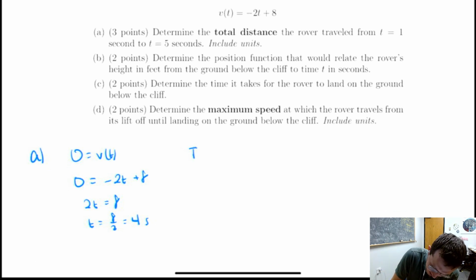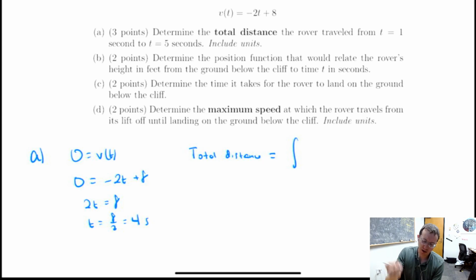So the total distance is, I'm going to use an integral to find how far it goes, if I know the velocity, not 4, but 5. The total distance, it's tempting to say it's the integral from 1 to 5 of the velocity.